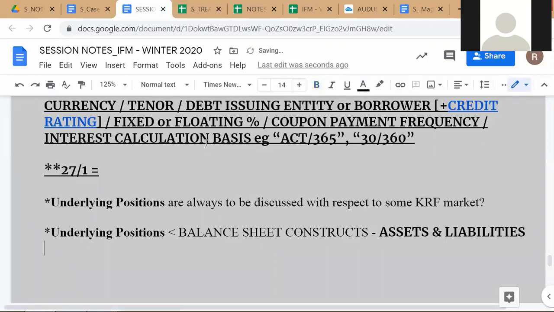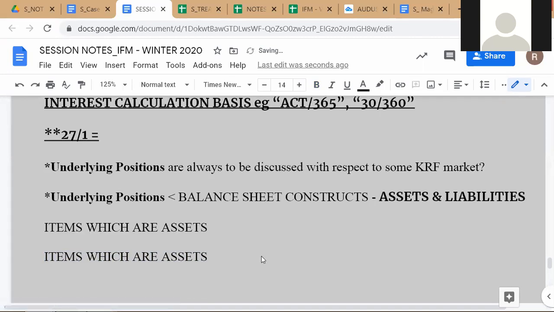All right. So what do we do? If something is an asset, and we have items which are assets, items which are liabilities.